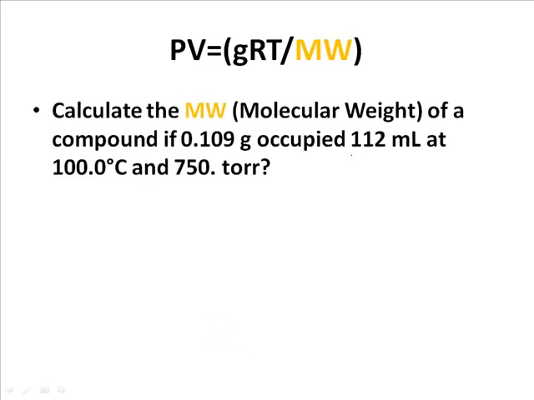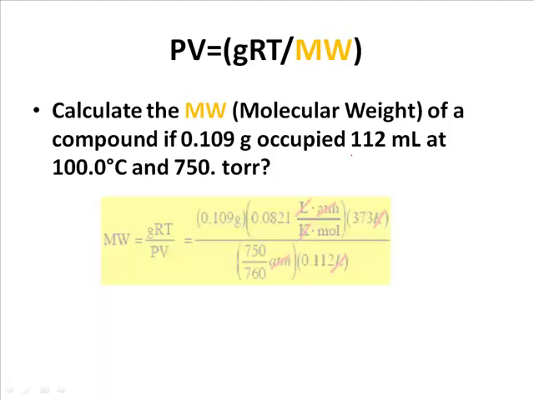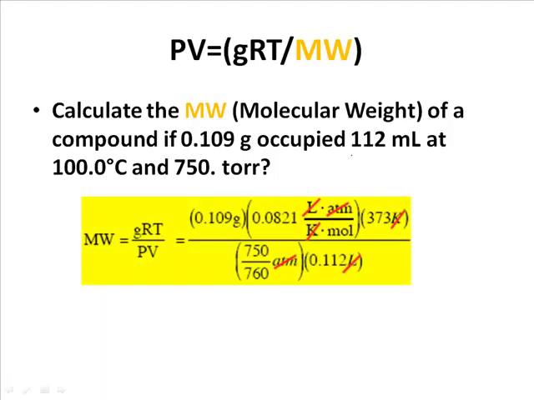Here's a sample problem. It says calculate the molecular weight of a compound of 0.109 grams occupying 112 milliliters at 100 degrees Celsius and 750 torr. We're going to solve for MW.